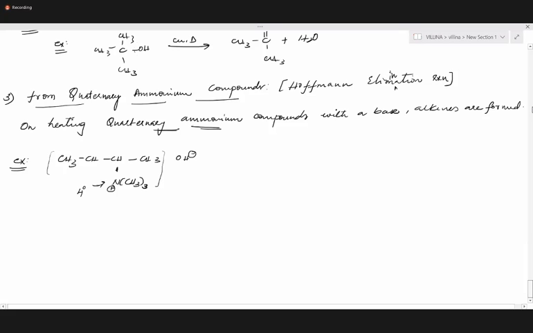Ammonium means positive charge on the nitrogen, and OH minus is the counter anion. Now, in the next step, obviously this will be our alpha carbon, because the nitrogen group will be treated as substituent, and that is our alpha, and beta 1, beta 2.